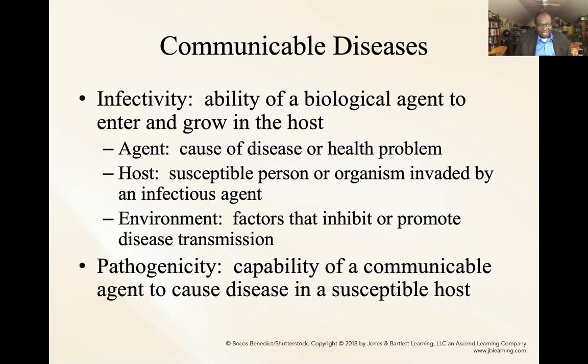The pathogenicity: the capability of a communicable agent to cause disease in a susceptible host. And most of the time, the susceptible people were people with other chronic conditions, people who are sick, whose immune system is compromised.